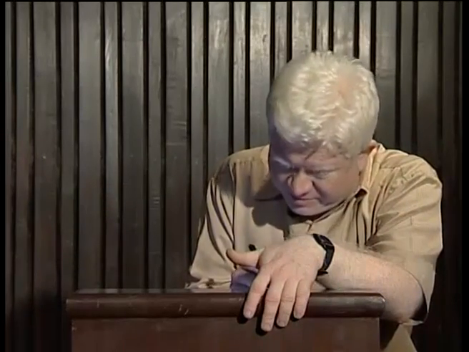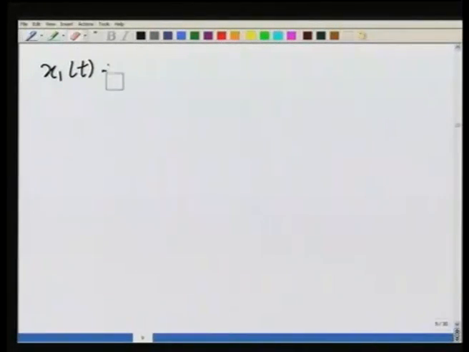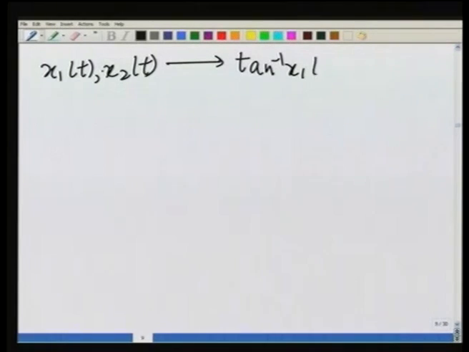Let us see about the additivity. You have x1(t), x2(t) as the two inputs, and the corresponding outputs would be tan inverse x1(t) and tan inverse x2(t).